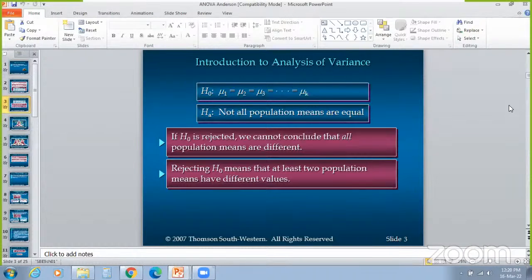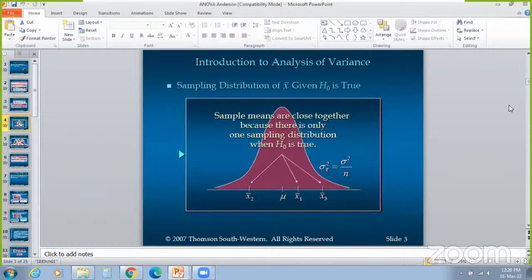That's why you must always bear in mind, in stating the alternative hypothesis of analysis of variance, not simply 'not equal', but that at least one population mean, or at least 2 population means, is different from the other population means.